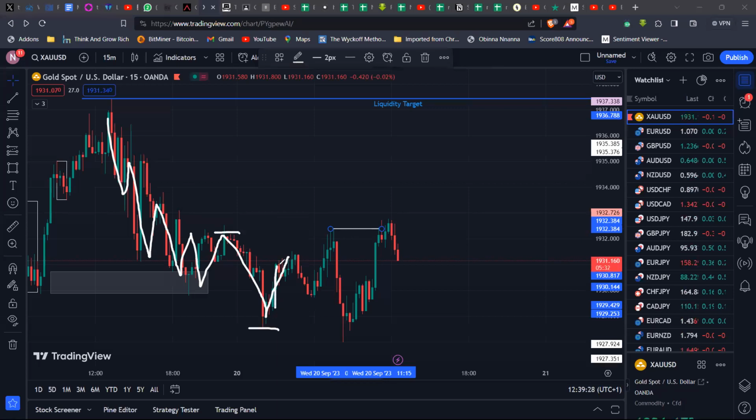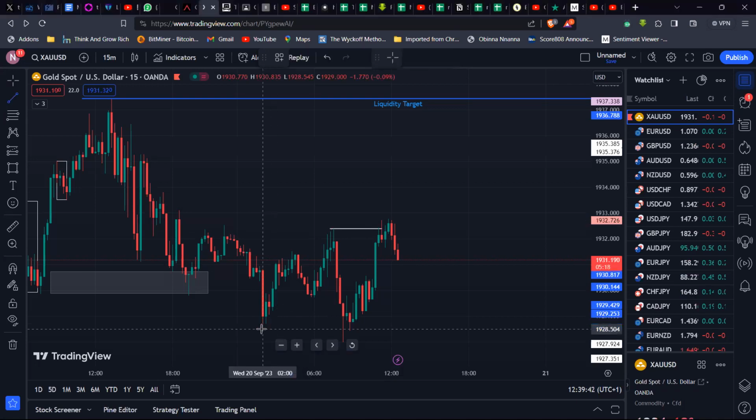So all of this is fixed structure, and this is where it made a new... actually, it hasn't made a new low. Or did it? Let me see. So it hasn't made a new low yet.